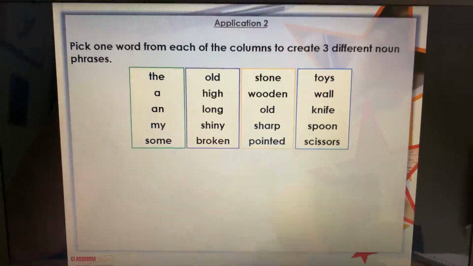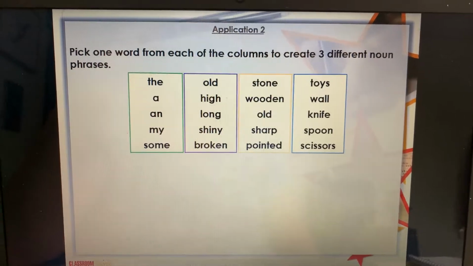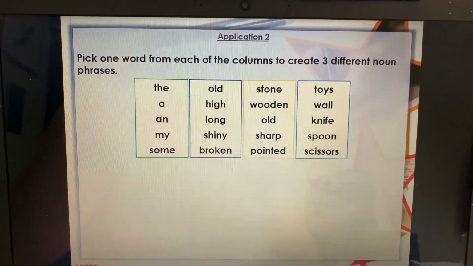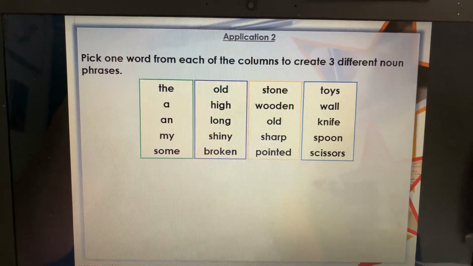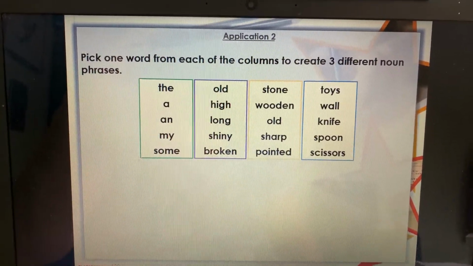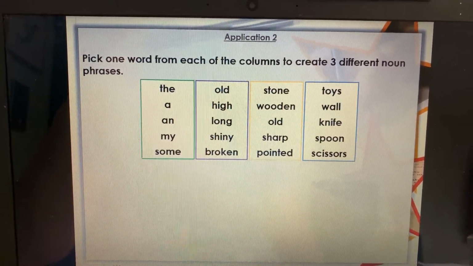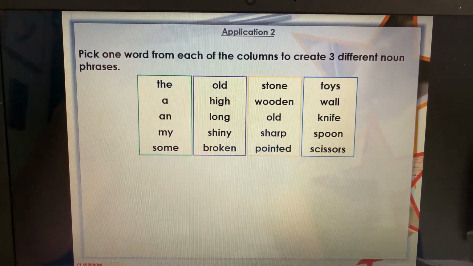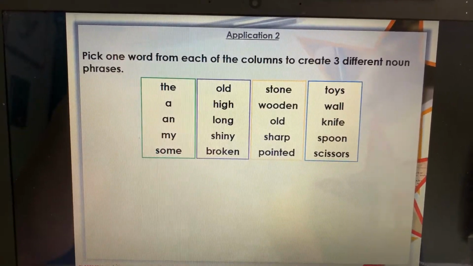I'm just going to do one here really quickly. It says here, pick one word from each column to create three different noun phrases. Right, I'm going to say the skinny, sharp knife.